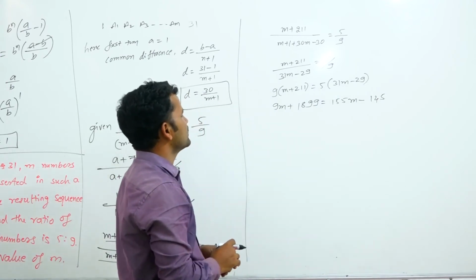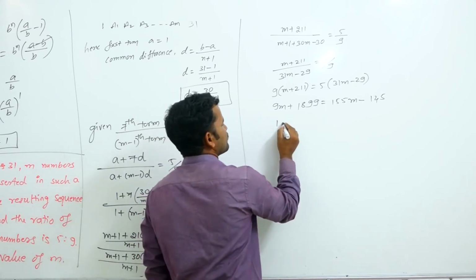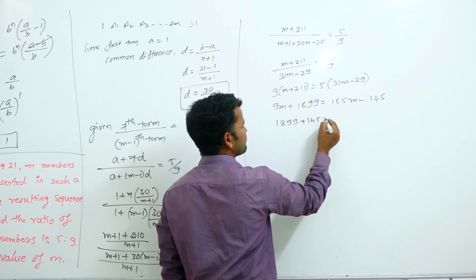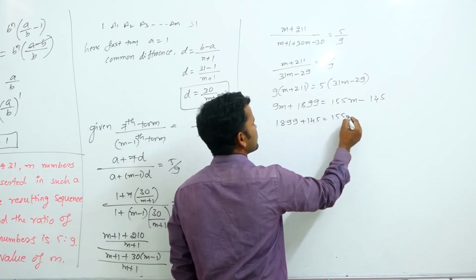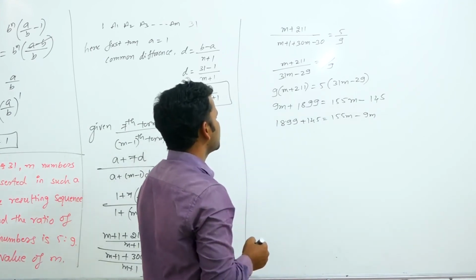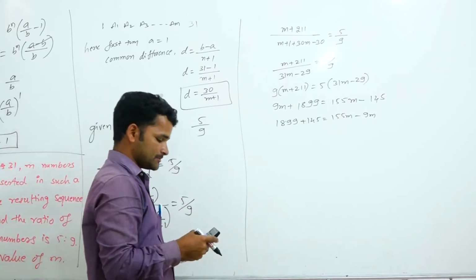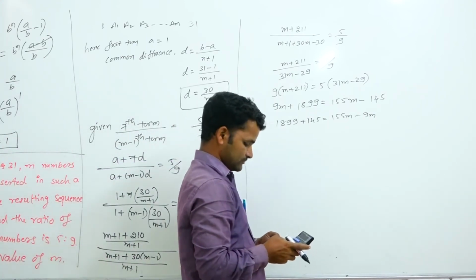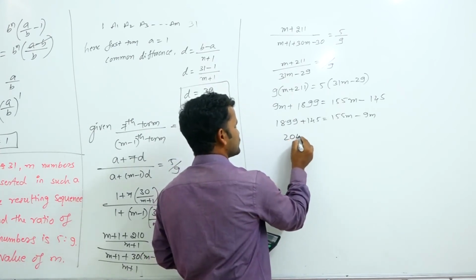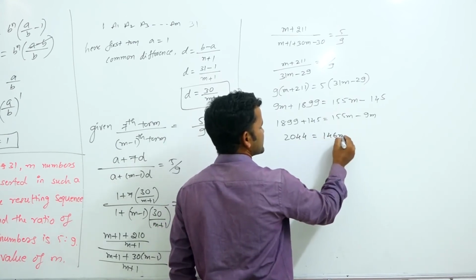We want m. Take m terms on one side, remaining terms on the other side. 1899 comes to the left-hand side: 145 plus 1899 is equal to 155m minus 9m. 1899 plus 145, the answer I am getting is 2044. 155m minus 9m means it is 146m.